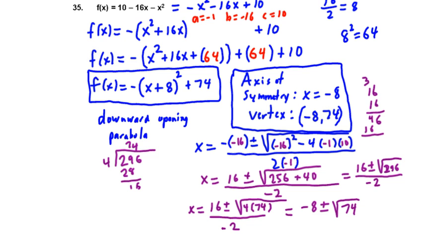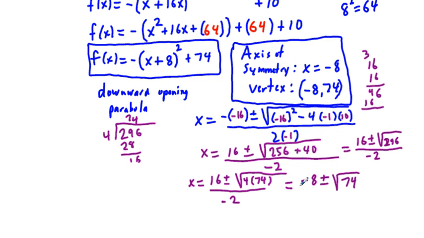So these will be our x-intercepts: negative 8 plus or minus the square root of 74.